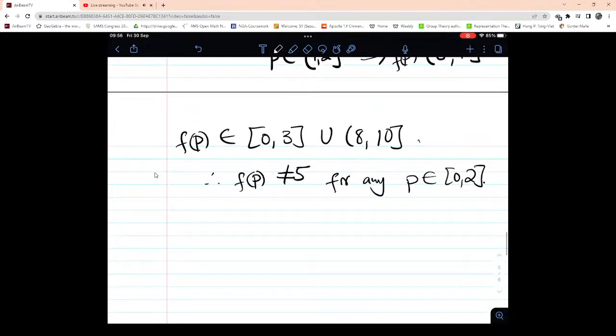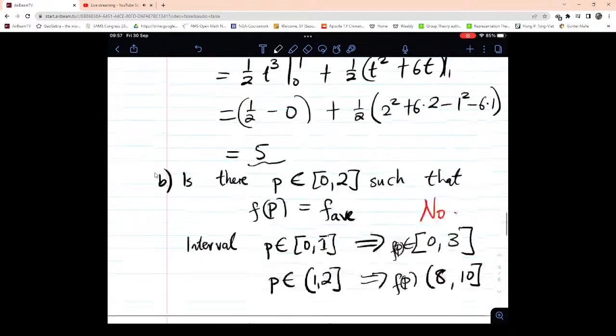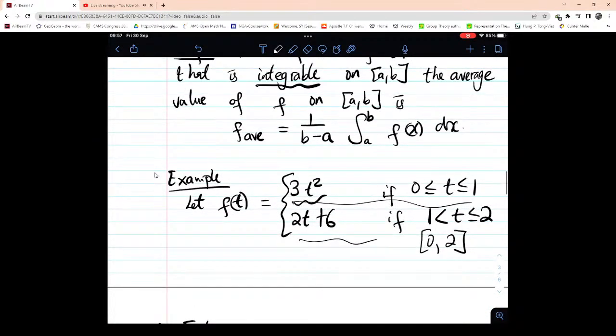And one thing you need to notice on this function is that the function we are dealing with is not continuous, right? If you look at 1, if you approach from the right and from the left, you can see that the limit will be different.